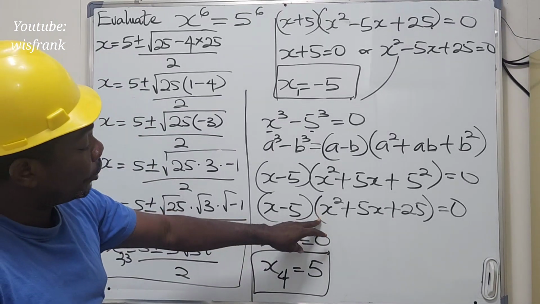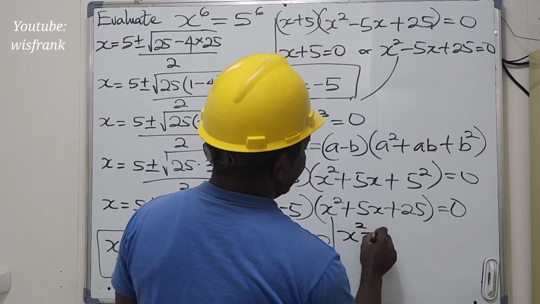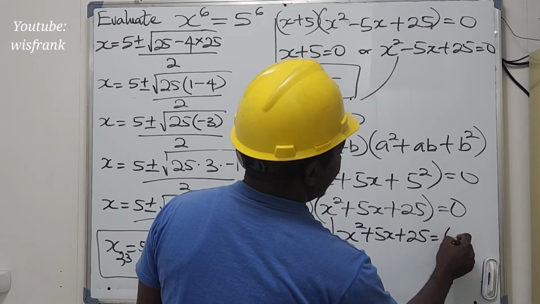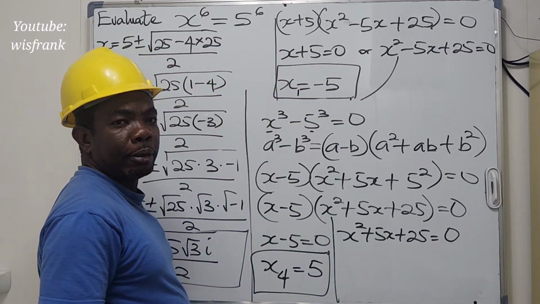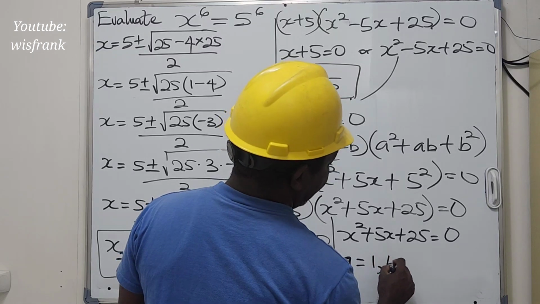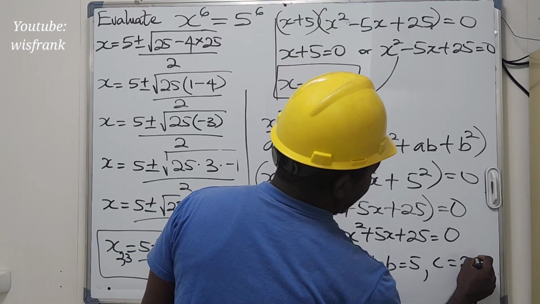Then it remains this other one, where we have x to the power of 2 plus 5x plus 25 equals 0. In this case, when we compare this with the quadratic formula, our value of a is 1, b equals 5, and c equals 25.